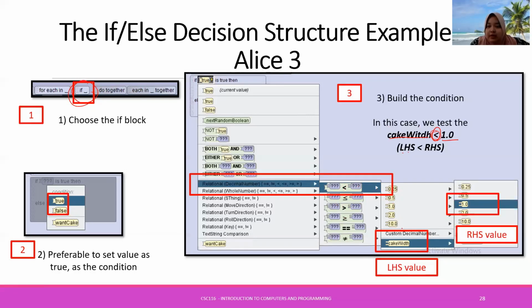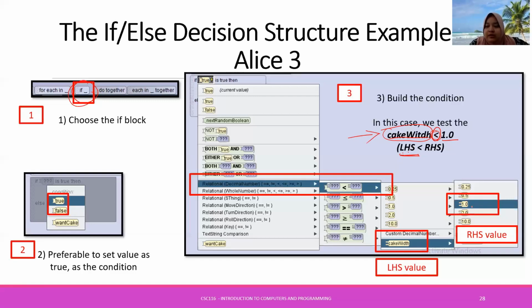So yang pertama ini adalah value left hand side. So value left hand side awak adalah apa? Cake width. Cake width ni adalah variable yang telah awak declare tadi. Okay. So dah declare, kalau dah declare dia akan keluar kat bawah lah. So left hand side value cake width, tekan kat sini dia akan RHS value, right hand side value.